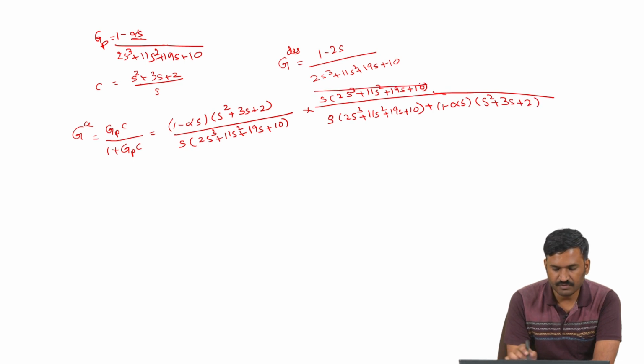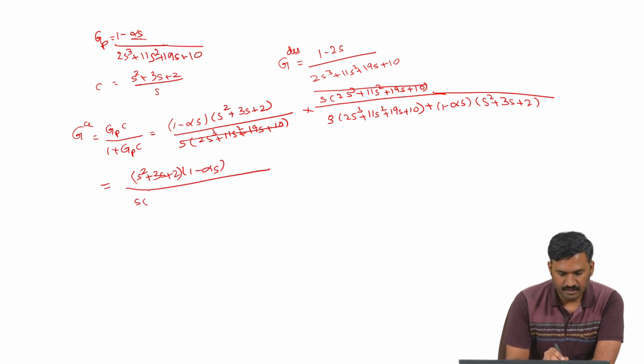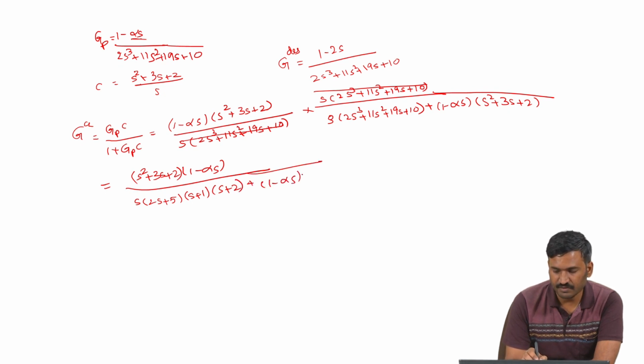Now, these two terms will get cancelled and we will end up with (s^2 + 3s + 2) into (1 - alpha s) divided by s into (2s + 5)(s + 1)(s + 2) plus (1 - alpha s)(s + 1)(s + 2).